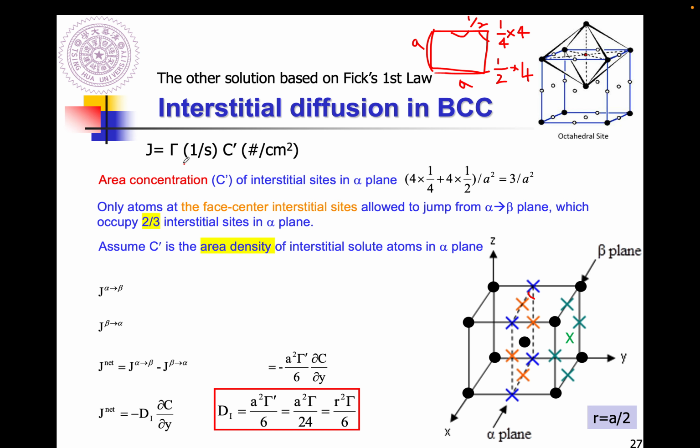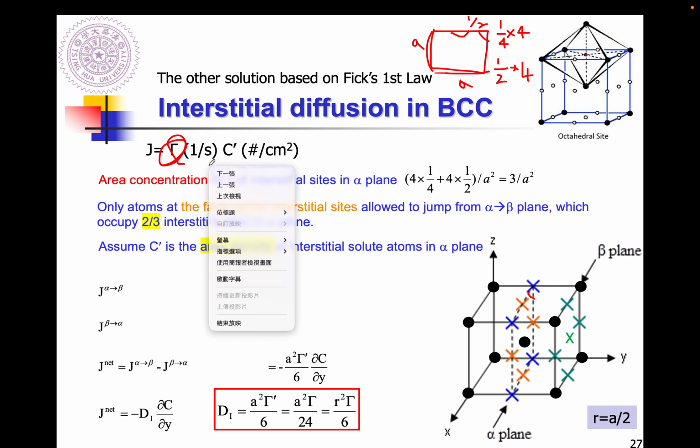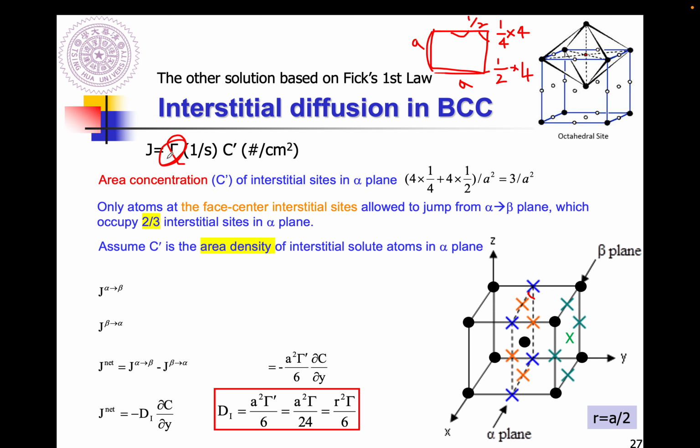And next, for gamma, you need to consider the possible jumping directions, and also determine whether the solute at each location can make a successful jump to the beta plane or not. Because if it cannot, then it definitely does not contribute to the flux from alpha to beta. If yes, then you need to count it in, right?